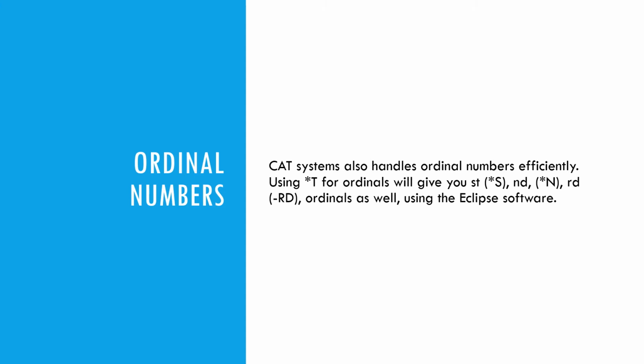Although you can use the ST, which is the S asterisk, and the final ND, and the RD for a word like the third, and ND is for outlines like second, and ST would be for an outline like the first.